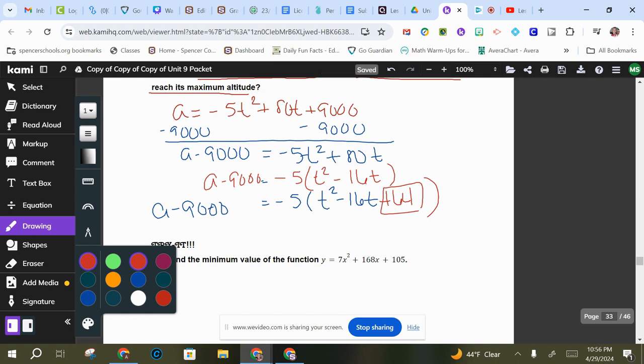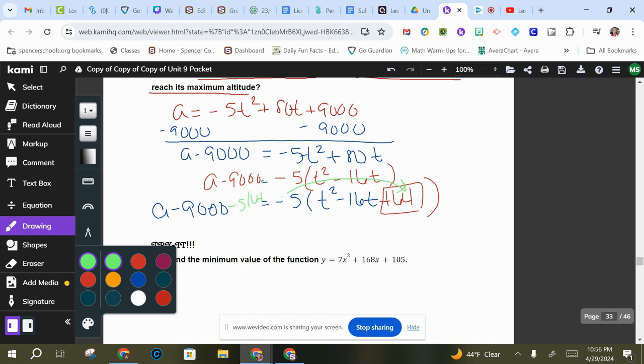Now, here's the deal, though, because that 64 is being multiplied by the -5 in front. So when you go to keep equivalency, you still have to take that -5 times 64 into consideration. So really what you're doing over here is adding -5 times 64.